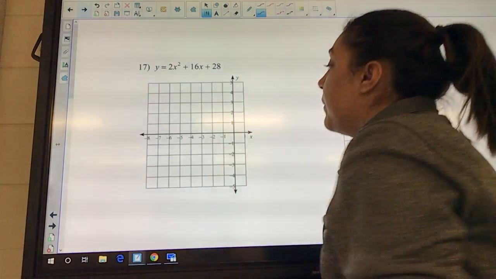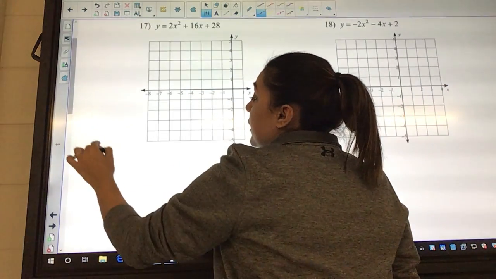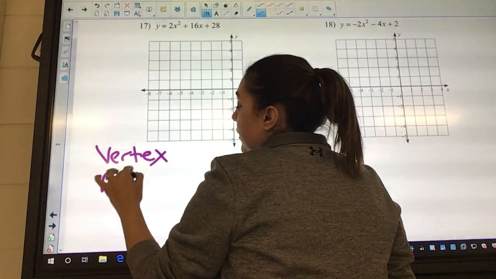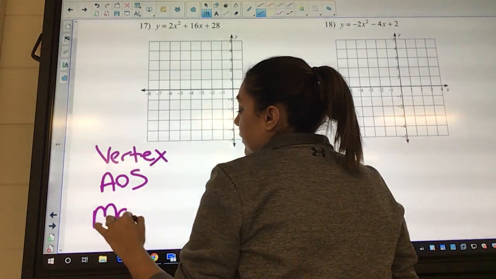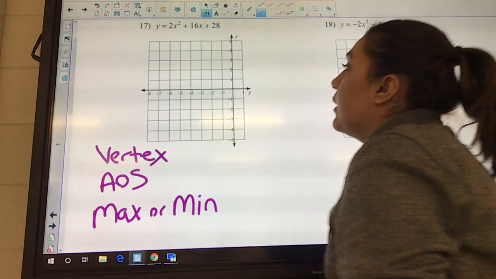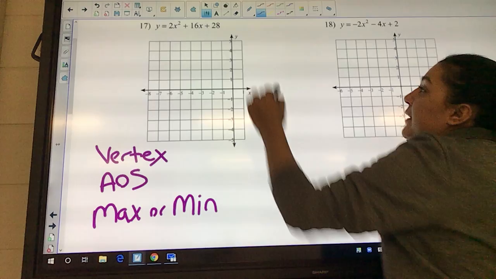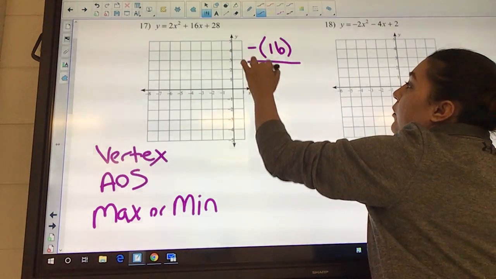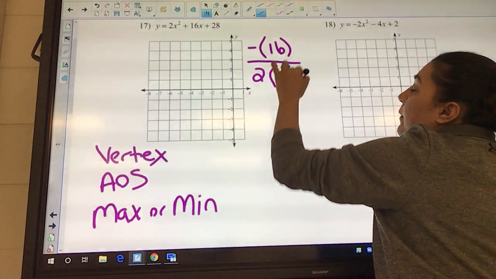Okay, 17. I need to find my vertex, my axis of symmetry, and a max or a min. So for my vertex, I'm going to have negative b over 2 times my a.